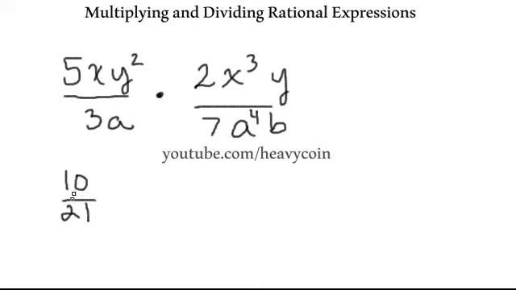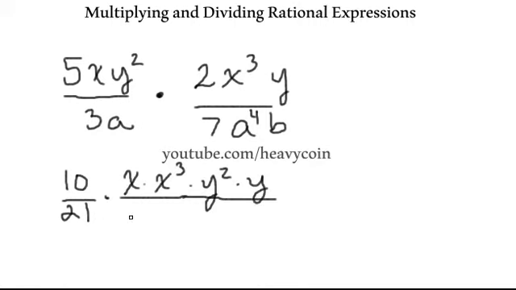Of course we can't reduce this fraction down. I'm going to put multiplication here. Now we have an x and an x cubed. I'm just going to put them side by side for right now, trying not to skip any steps. And we have a y squared times a y, and down here in the denominator we have an a times an a to the fourth times b.